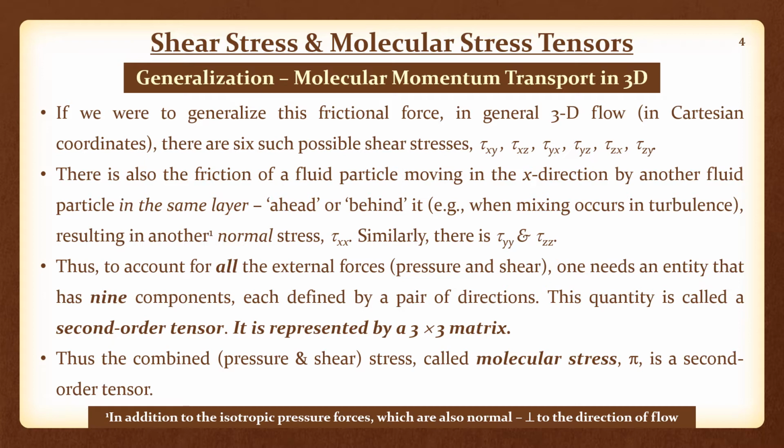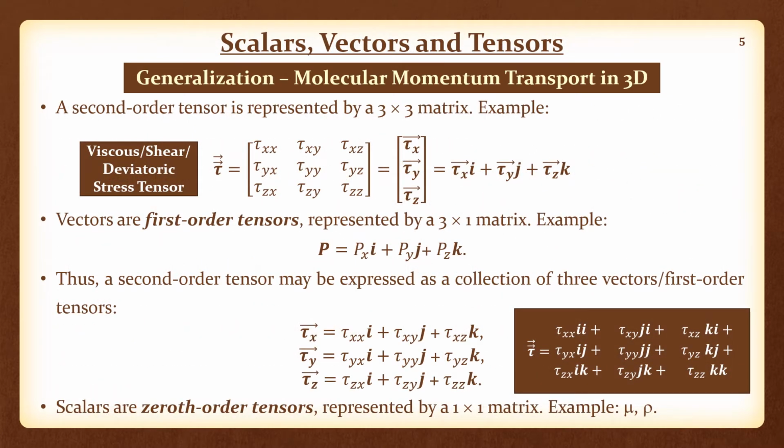Now, one of the ways to represent this tensor is by a 3 by 3 matrix. This naturally builds on what you have learned in terms of vectors and scalars. You can think of a vector as a first order tensor, which is represented in matrix form as a 3 by 1 matrix.